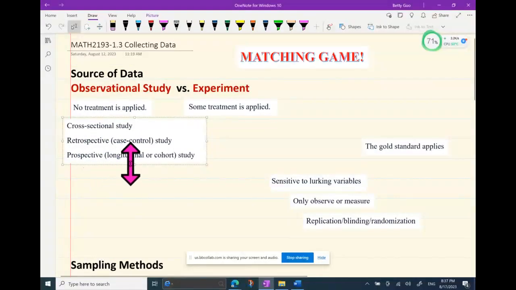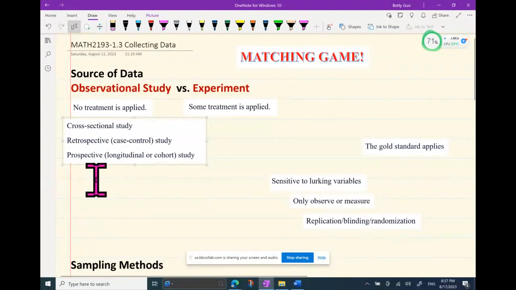Also, you can collect the data from the past. If your observational study is done from the past, it's called a retrospective study. The prefix retro means look back, right?